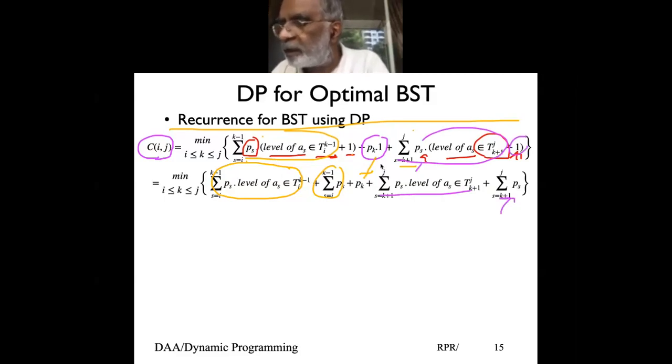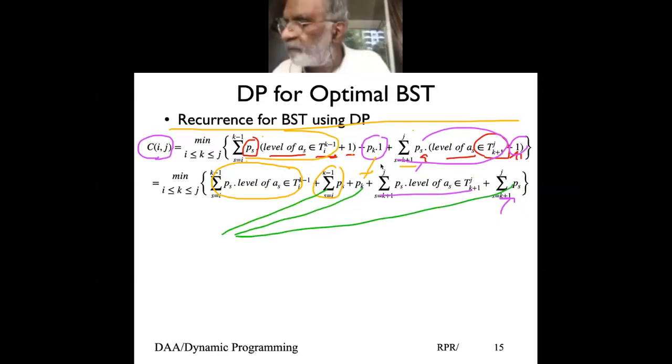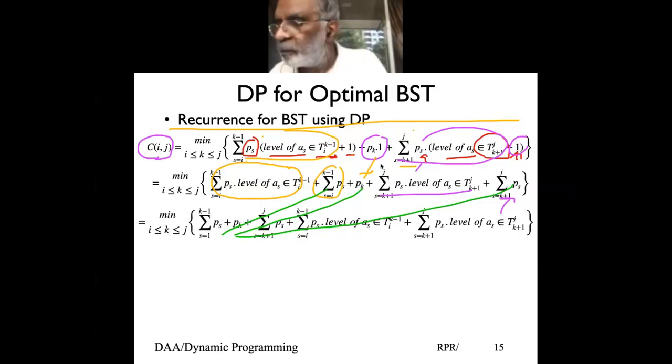So I bring these three things together. What I have done is the sum of all the probabilities, plus Pk, plus k plus 1 to j, and this is what I get.